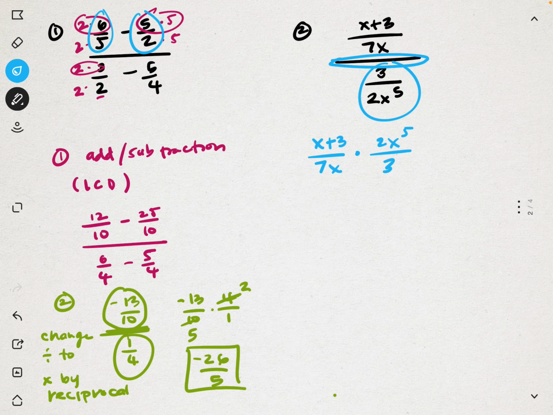Well, we can take one x in the denominator and cancel with one of the x's in the numerator. So then we have 2x to the 4th, x plus 3, over 7 times 3, which is 21.